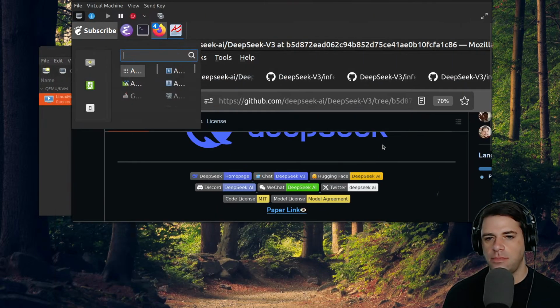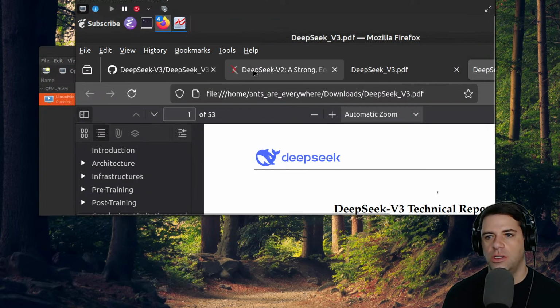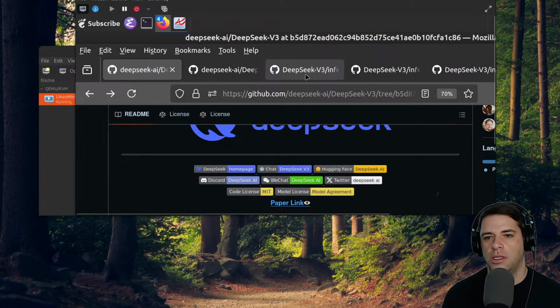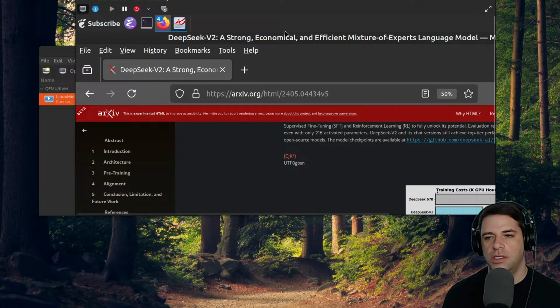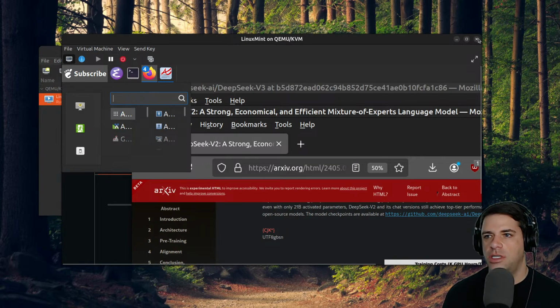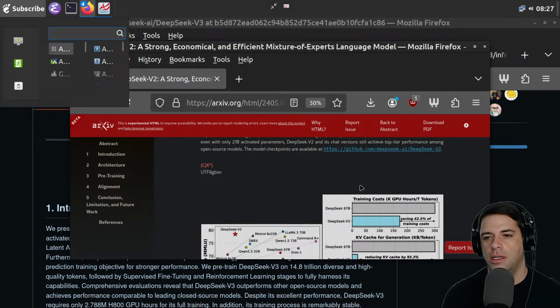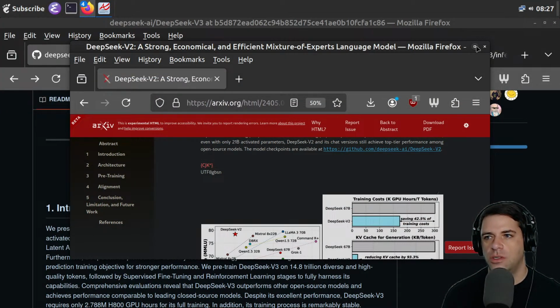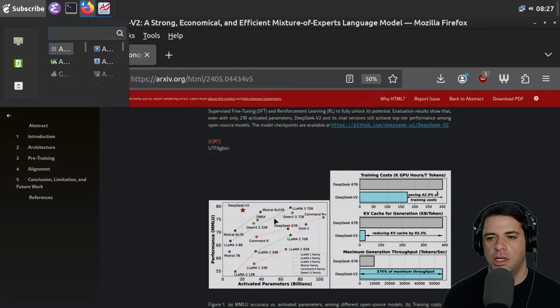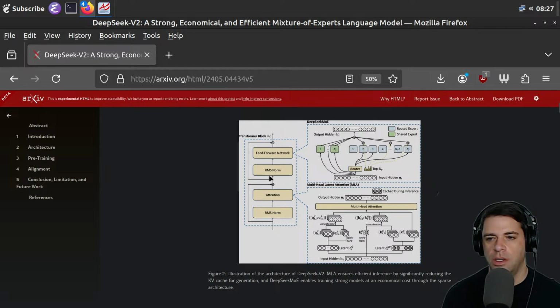Let's see if we can find the V2 paper, which I opened somewhere. The multi-head latent attention, which seems like the main architectural contribution here, also looks really straightforward.